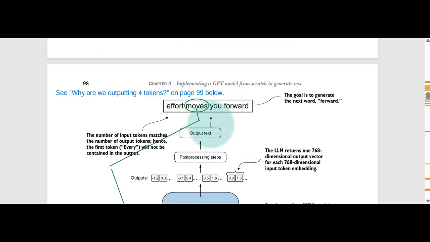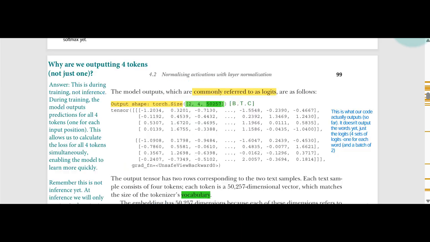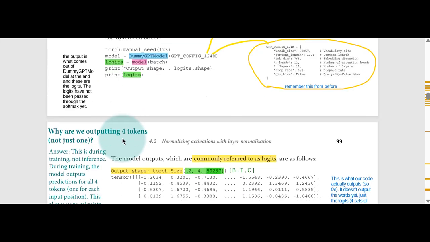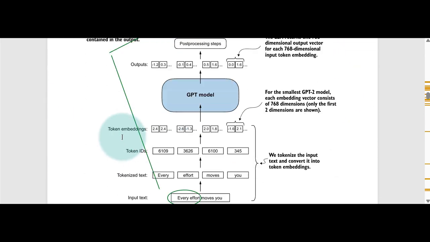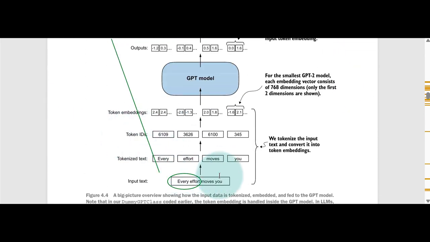Okay. So you might be wondering, why are we outputting 4 tokens? We can read about this on page 99. So let's read that. Why are we outputting 4 tokens? By the way, this is just another representation of what we just saw: we have 4 inputs and we're getting 4 outputs.